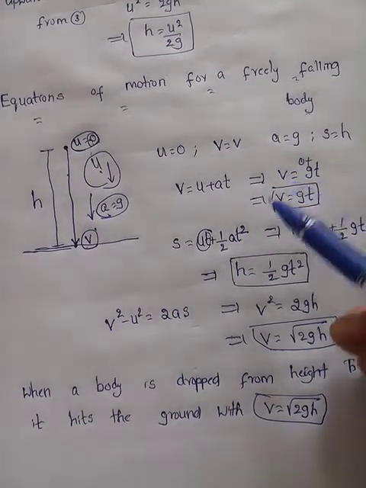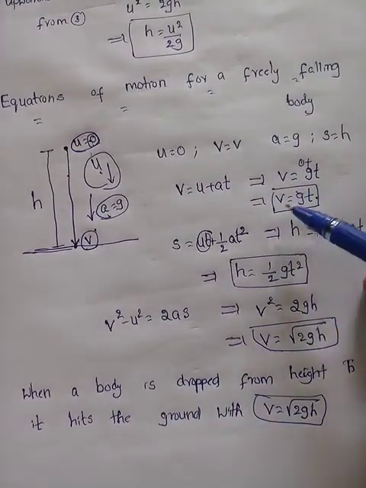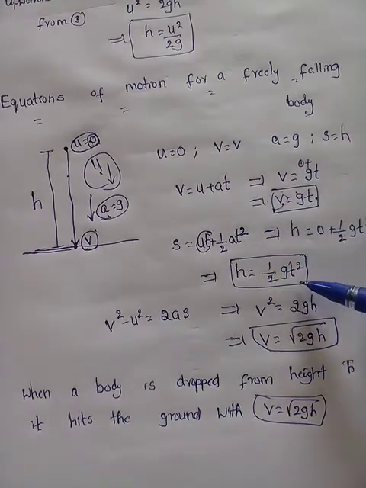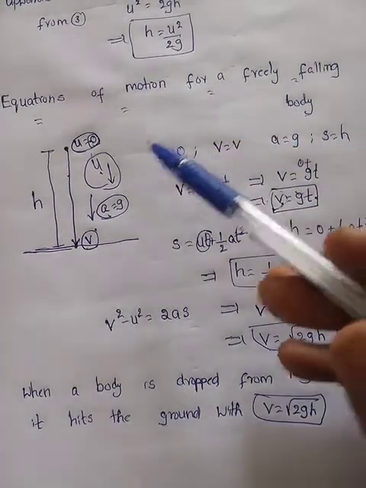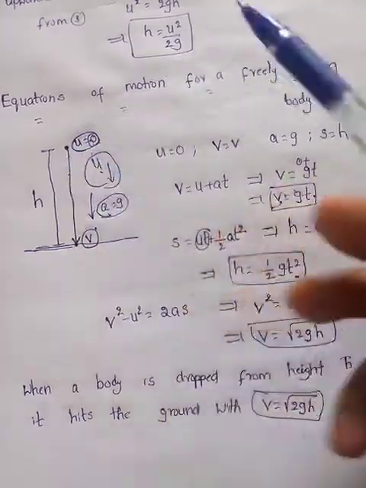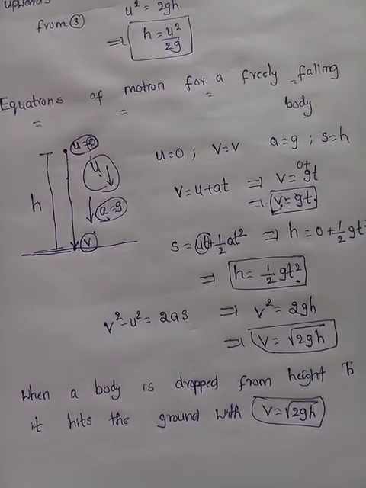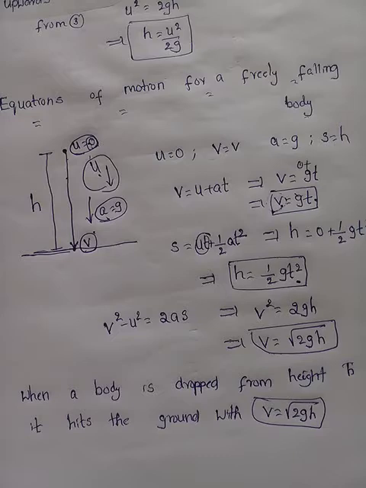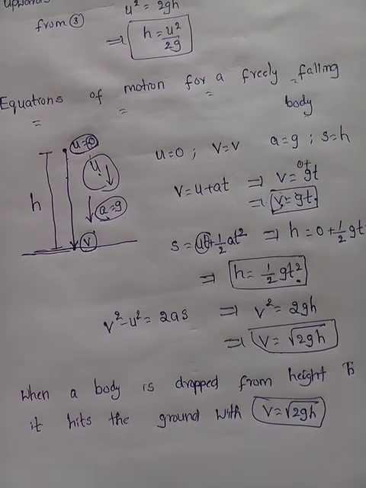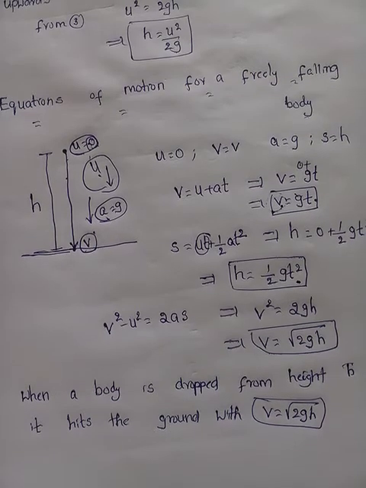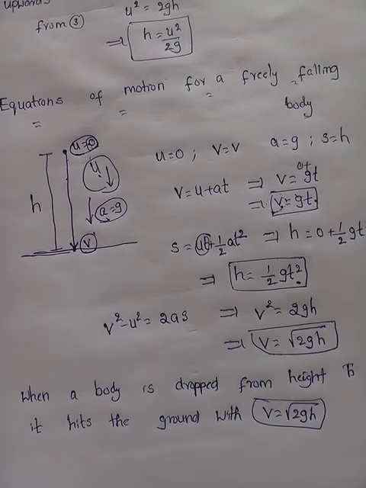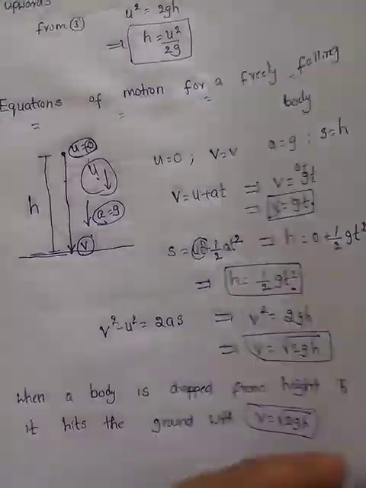Here we can also calculate time: t equals v by g. So this explains that when you drop a body from a height h, the time taken by the body to reach the ground is called time of descent. Moving upwards, the time taken by a body to reach its maximum height is called time of ascent. The same time taken by the body to reach the ground is called time of descent.